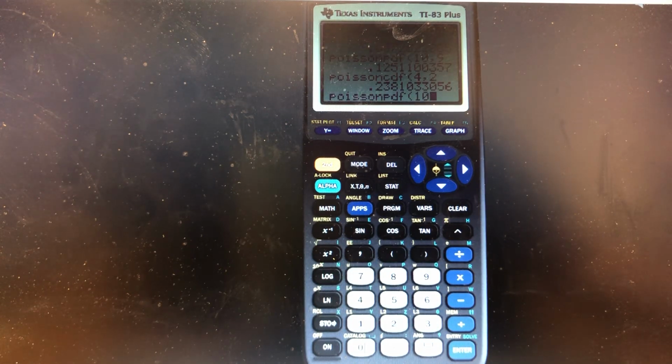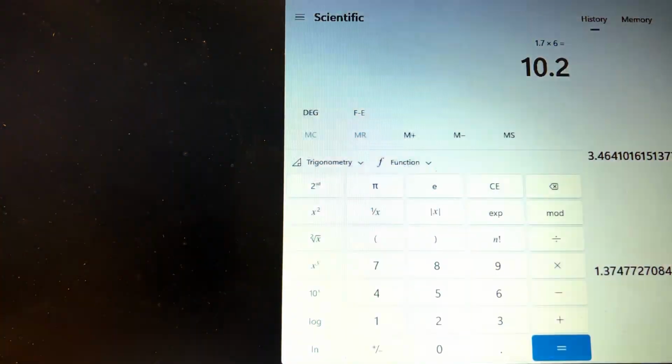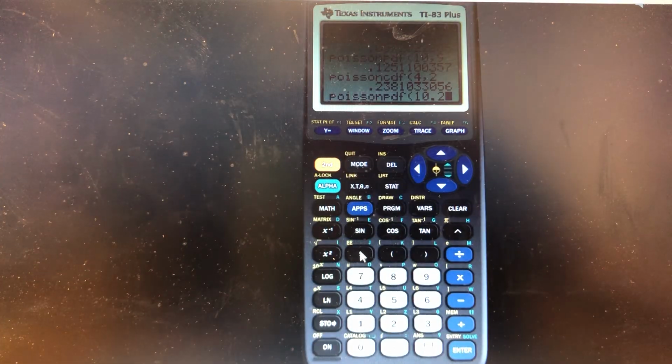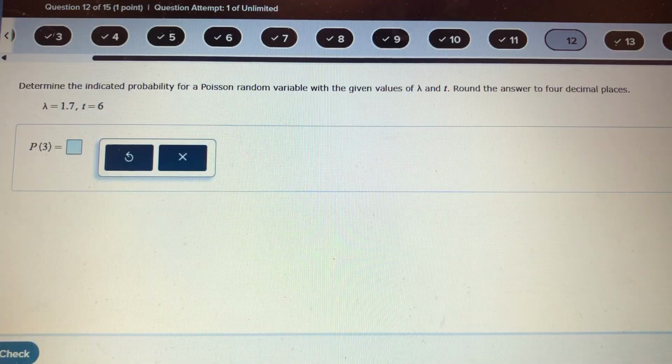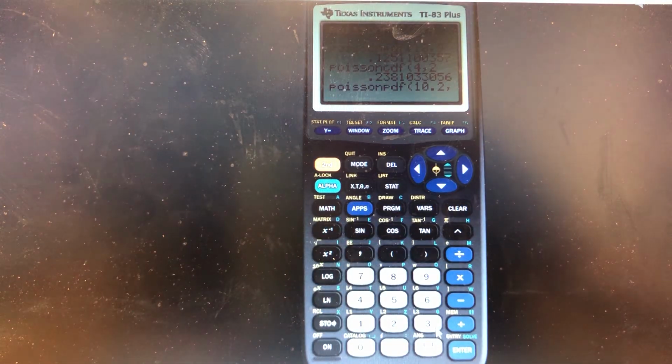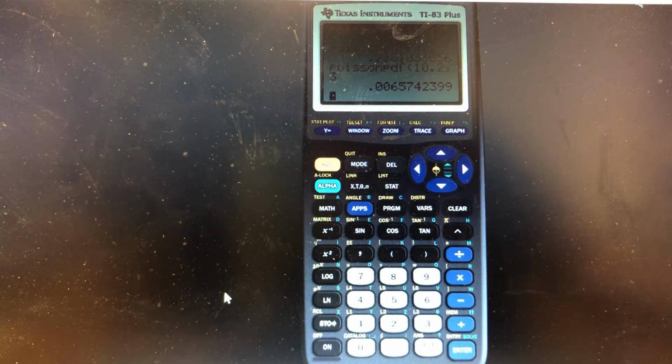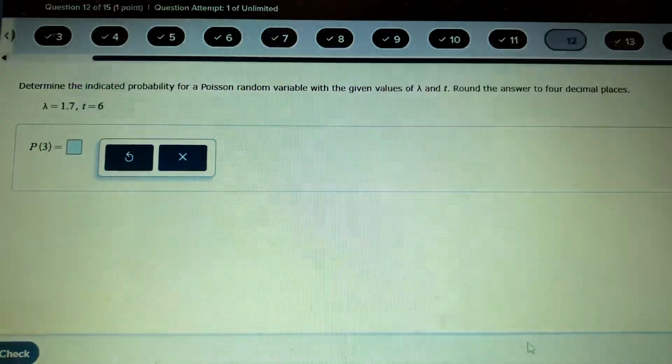The lambda changed to 10.2 because I had to multiply it by 6. And then I want exactly 3, so keep that as a 3. And it's a PDF, that's the easier case. I think it helped to do all those other ones first to understand what was going on here. 0066.